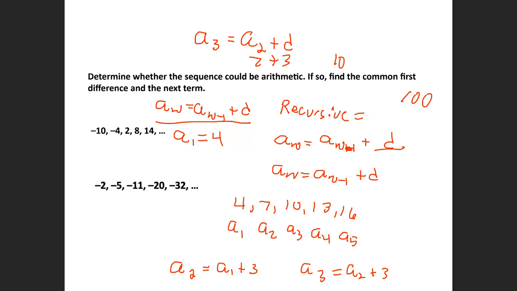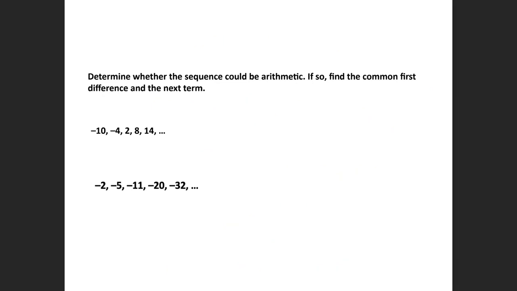Okay, so let's do a complete problem. I'm just going to clear this out. Let's say I have 10, 15, 20, 25, and so on, and I ask you to write a recursive formula.